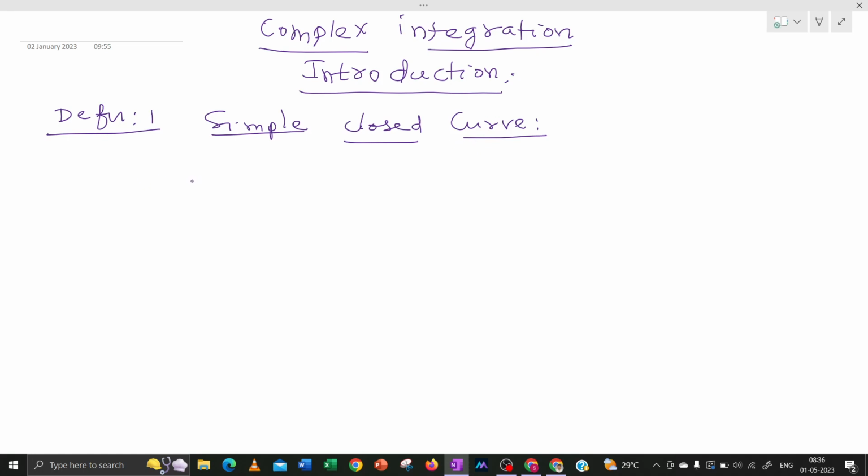Simple closed curve means if you consider one curve, it is simply connected because its starting point is here and the ending point is here, and there is no cross here. It is called simply connected.